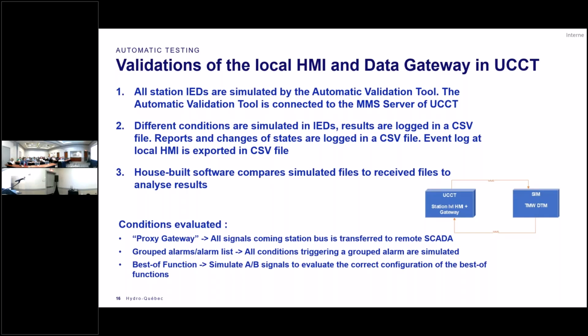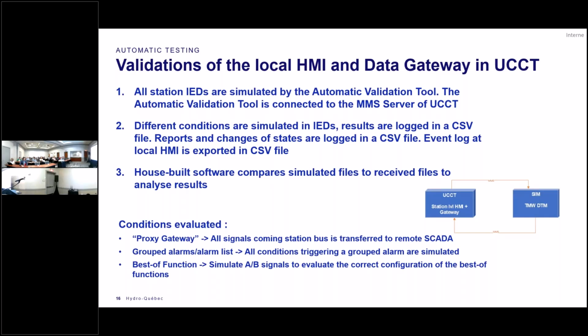Like I said, we had some limitation at the time so that we were on a device related naming on the station network. However, we wanted a function related naming. So this was implemented on the remote network.